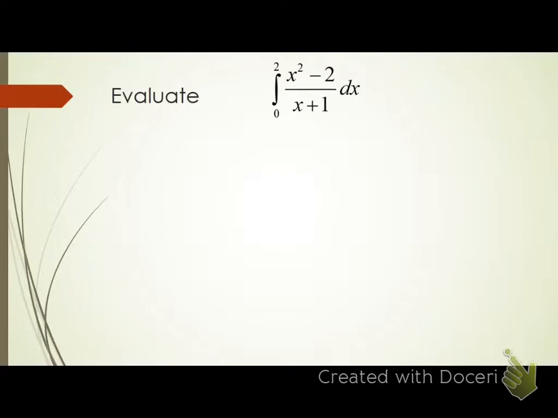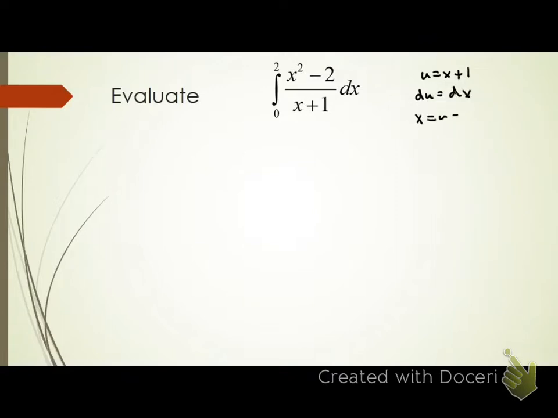This is one of those tough ones again. I'm thinking use u equals x plus 1. Okay? Let's see. So du is just dx. So again, that doesn't help me here, except x equals what? u minus 1.